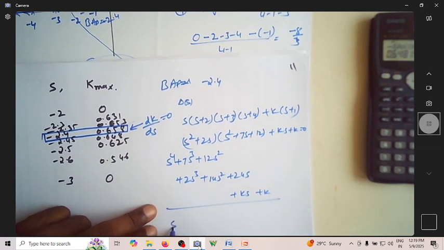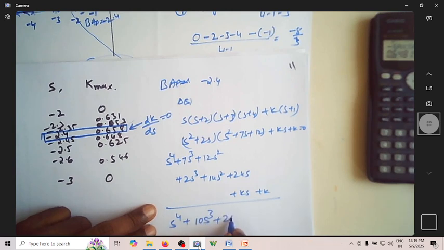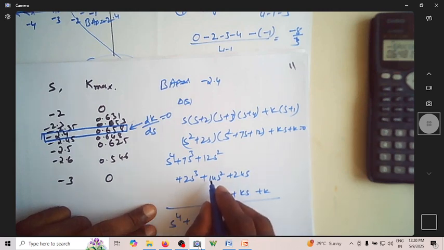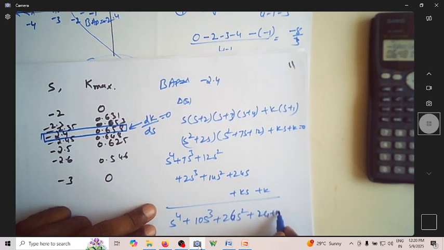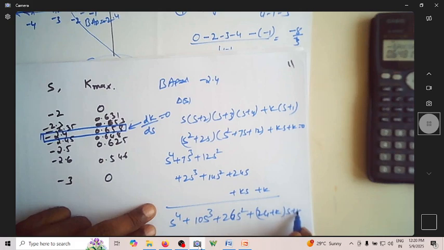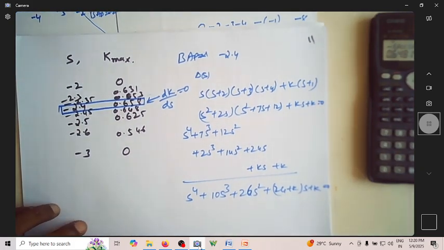So this reduces to s power 4 plus 9s cube plus 26s square plus 24 plus k times s plus k equal to 0, which is your characteristic equation.